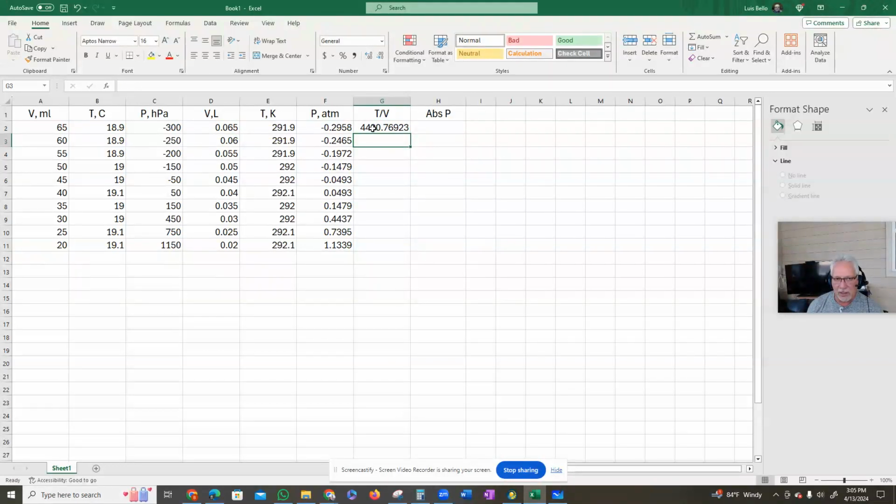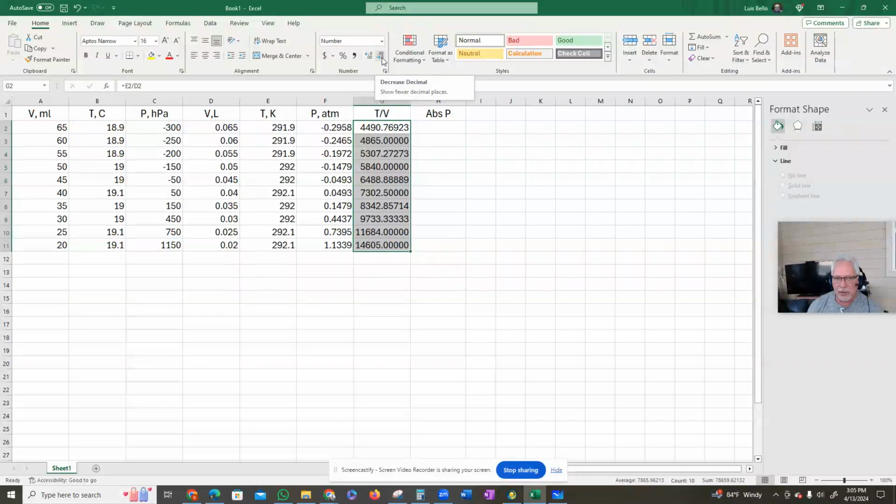Hit enter, and then I get all these values that you will see in a moment, because I'm going to do the same thing, dragging all these numbers down. If you want to make the decimal places smaller or increase them, you can do the following, and then you can round it or make it smaller. I think I had too many decimal places, so let's do this one.